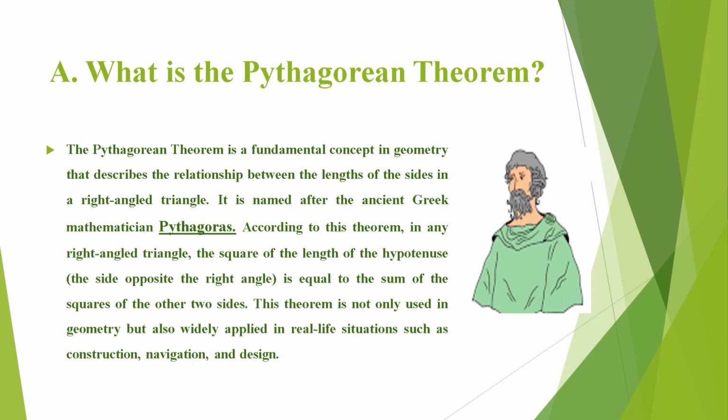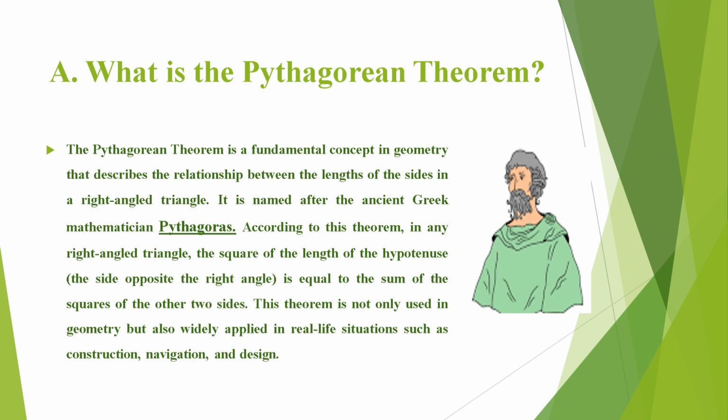The Pythagorean theorem is a fundamental concept in geometry that describes the relationship between the lengths of the sides in a right-angled triangle. It is named after the ancient Greek mathematician Pythagoras.